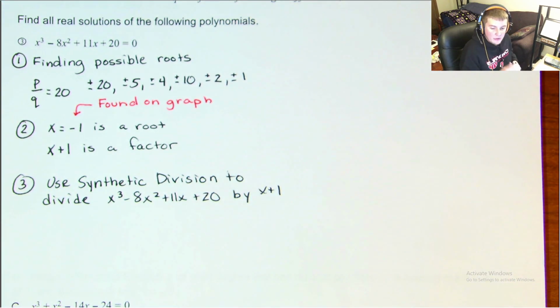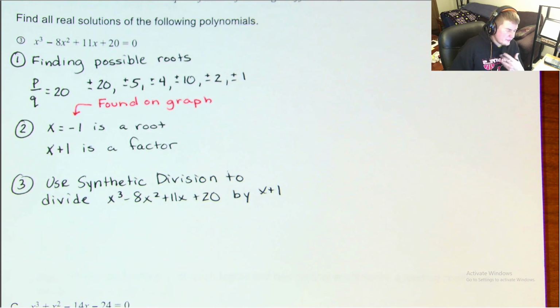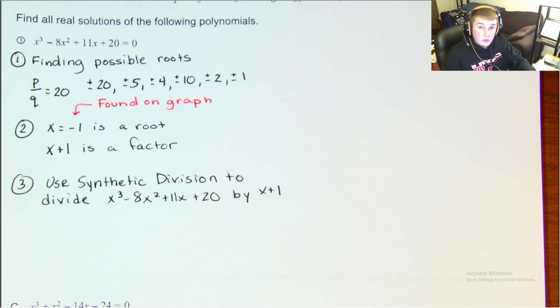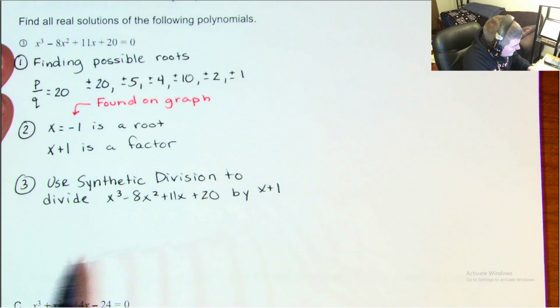Now, these steps that I'm giving you, feel free to use those when you're working on your own. But in general, they're not necessarily required for you to do the work. Okay, so I want you to be able to do this independently. So let's go ahead and do this.